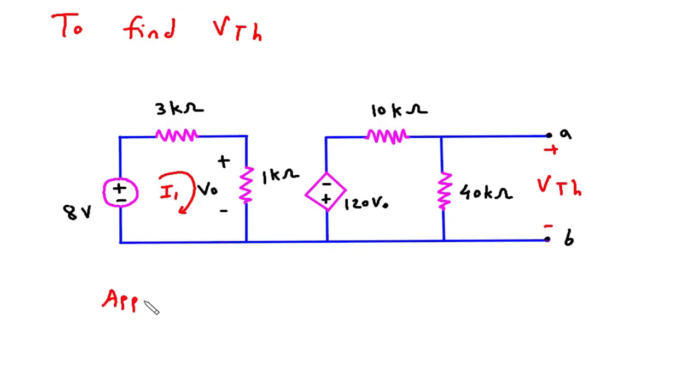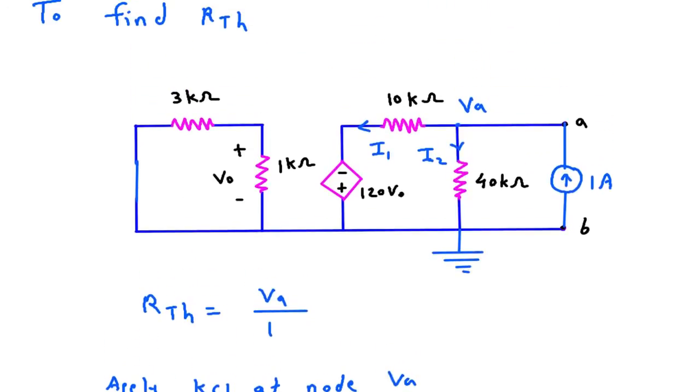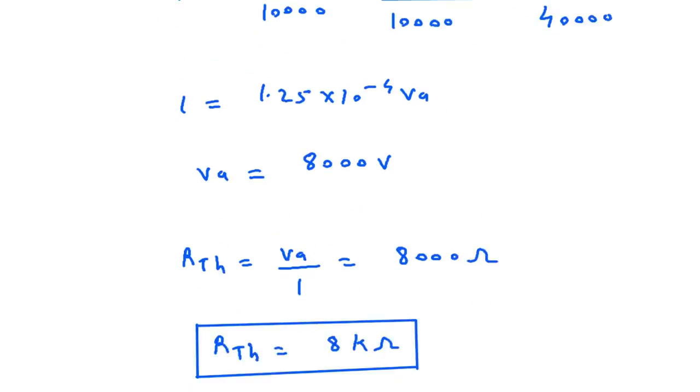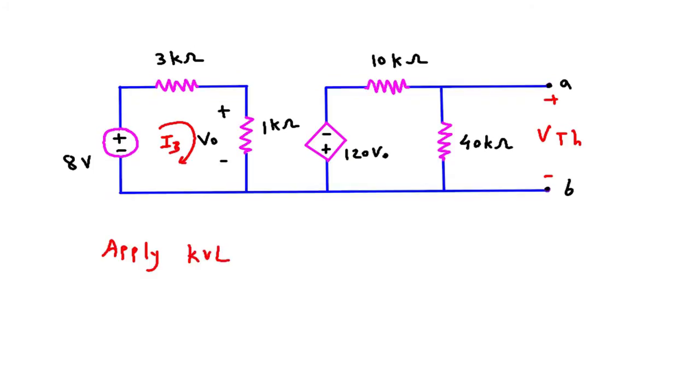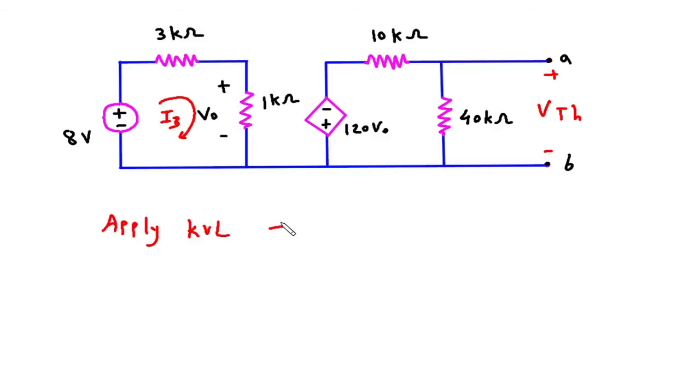Now apply KVL. We have already taken I1 here, so we will consider it as I3. So let's say this is current I3. We will apply KVL to this mesh 3. Let's say this is mesh number 3.